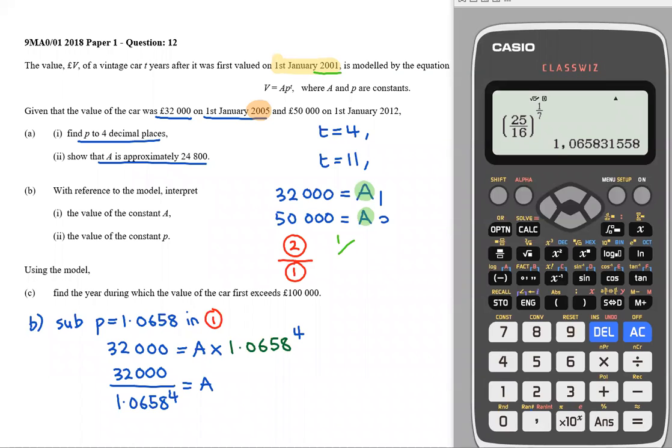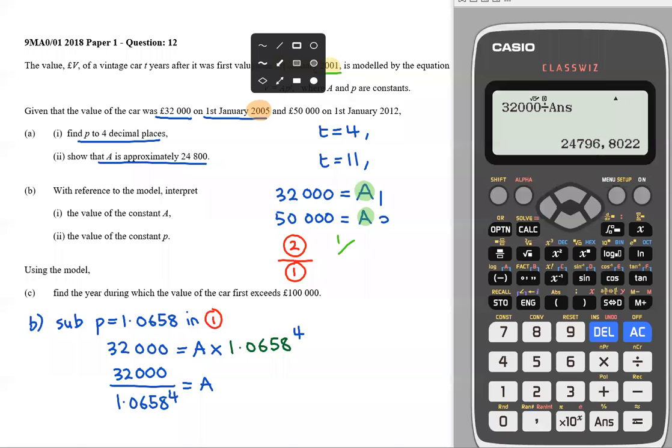So we've got our answer on the board. I need to raise that to the power of 4. Just type that in. Now this is what I've got to divide by. So if I take 32,000 and divide that by my answer, we get £24,796.80.